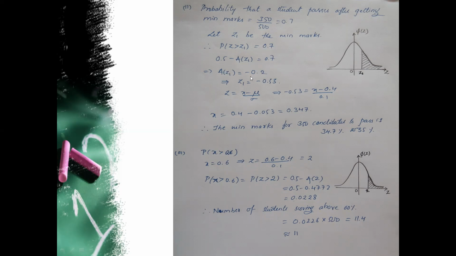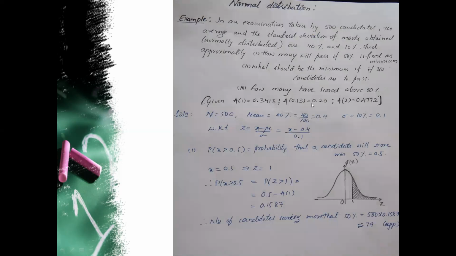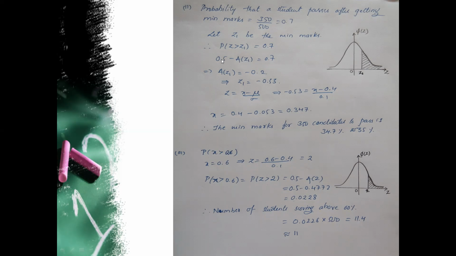Area cannot be negative. Now it's already given to us that A of 0.53 is 0.2. So we'll write here Z1 as 0.53. But since the area we have got is negative, we will write Z1 as negative. Now this Z1 is the value at some value of X that we need to calculate.